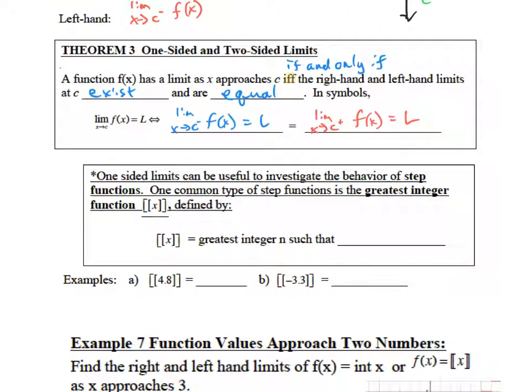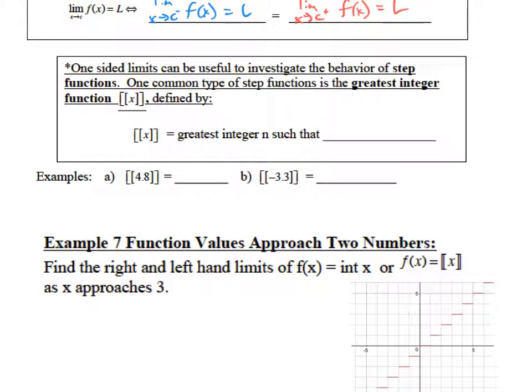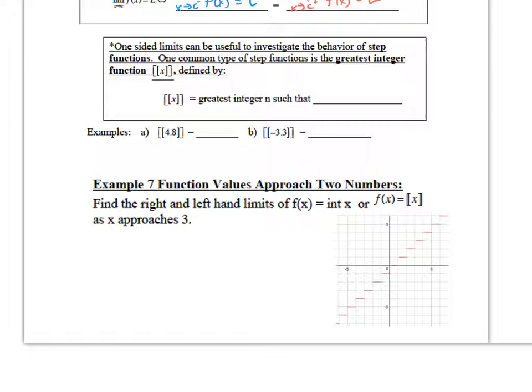All right, so now this can be useful for investigating the behavior of certain things like step functions. I know you looked at this in pre-calculus, and here's a graph of one at the bottom of this page. With step functions, one-sided limits can be useful to investigate those. The greatest integer function is one that I know you looked at in pre-calc.